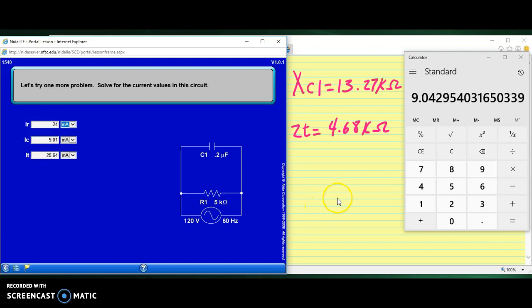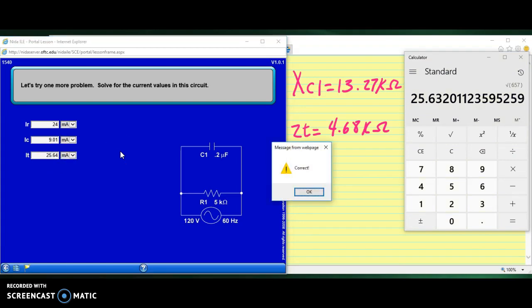That isn't right. But we can double check our IT. Basically, we square this guy, add it to the square of that guy, and get the square root. So 24 squared plus 9 squared equals, you can get the square root, 25.63. Very little error there even in the rounding.